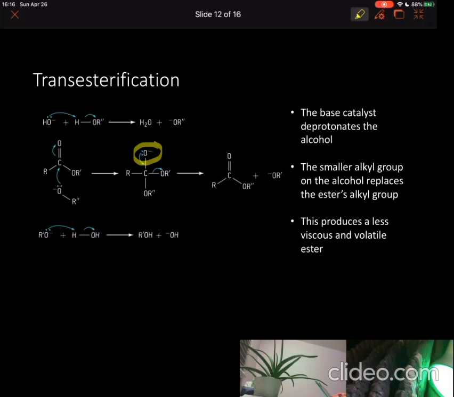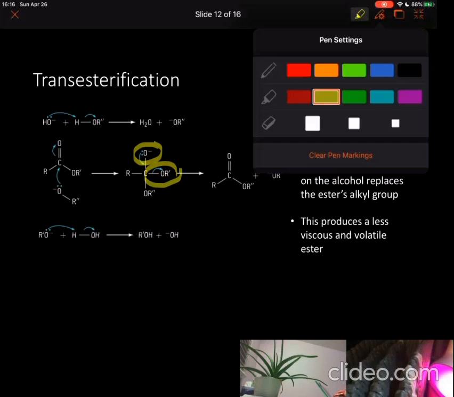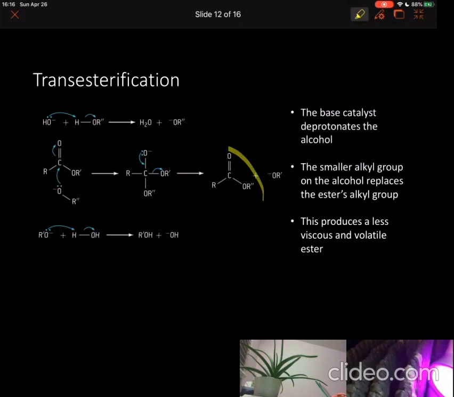And so the original R single prime, that bond with the carbon breaks off, and so afterwards you get this, which is an ester again, except instead of the R single prime, you have the R double prime, and you have the R single prime alkyl group over here alone.